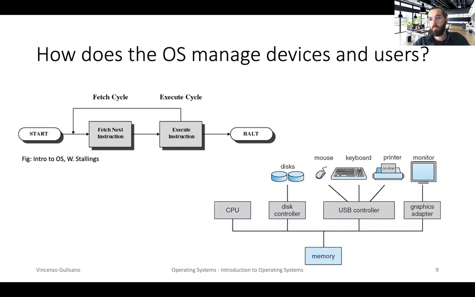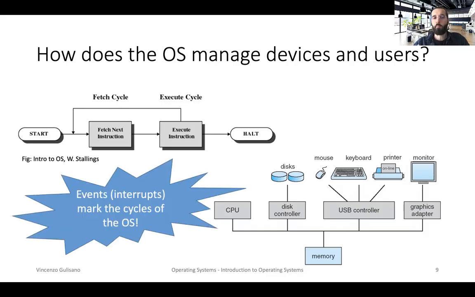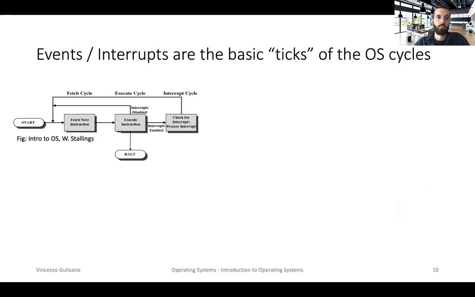But you know that in practice you have a lot of devices. They are different, from printers to monitors to keyboards to disks and so on. So the question is, how do you use such a brain to control all these things? Well, the answer to that is events or interrupts, okay, which are the things that are marking the cycles of the operating system.